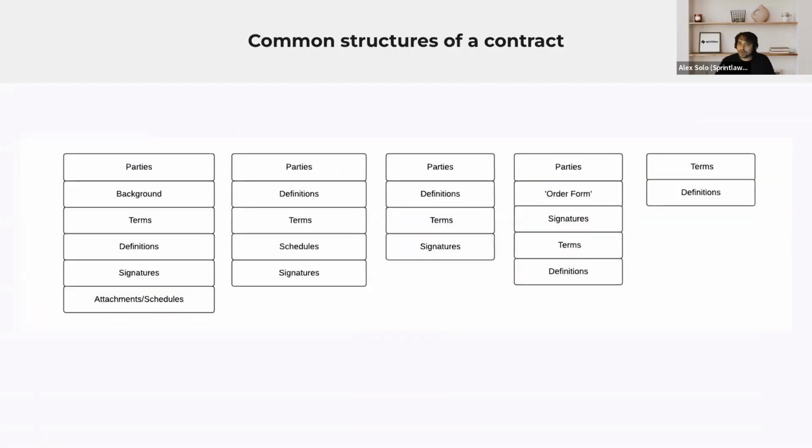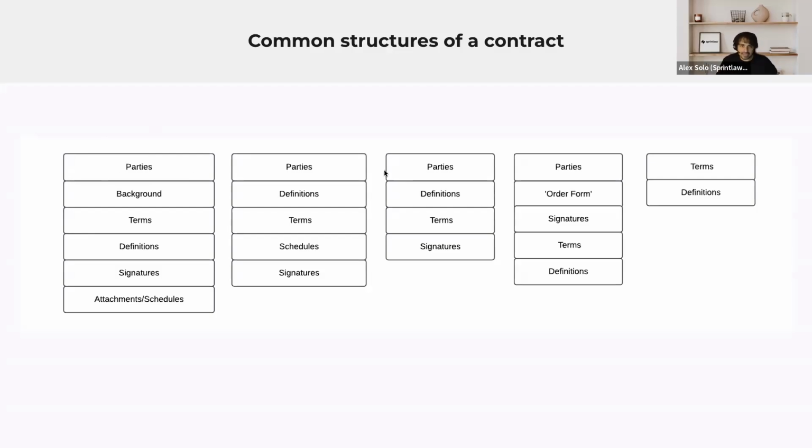Now, as mentioned before, when you're handed a legal document, it's important not to look at it like a blog post or a book, but look at it as a structured document with sections. And usually a contract, and there's no law around this, it's just convention, is structured in a particular way.